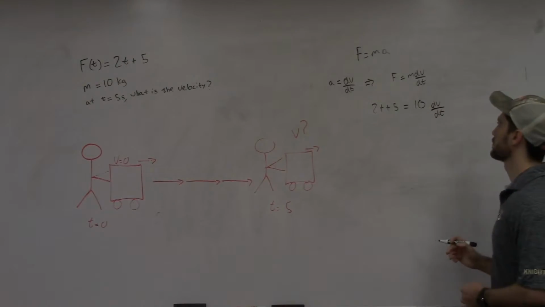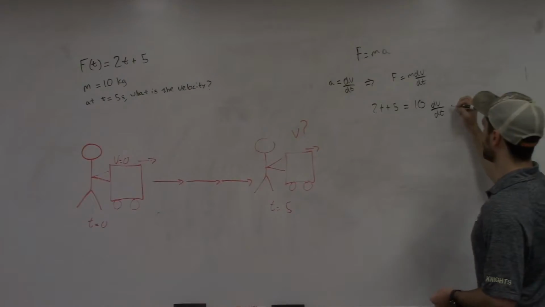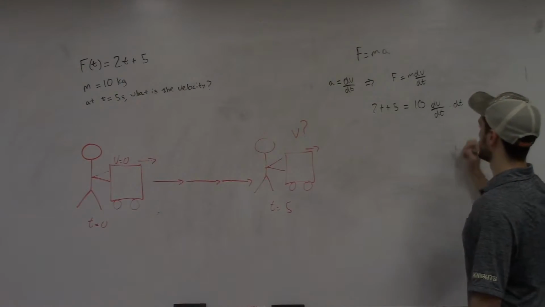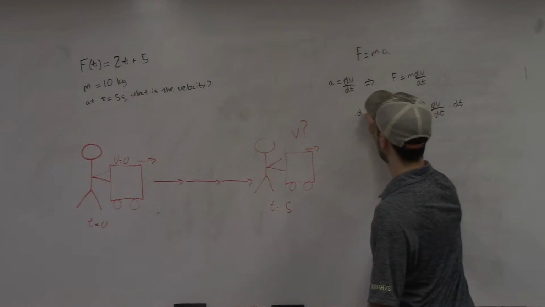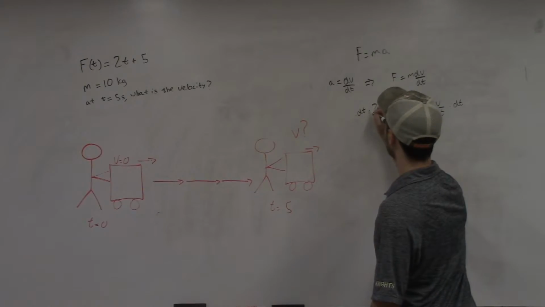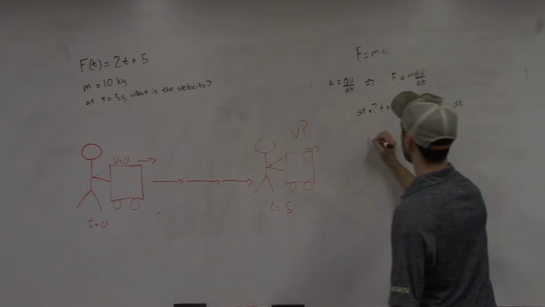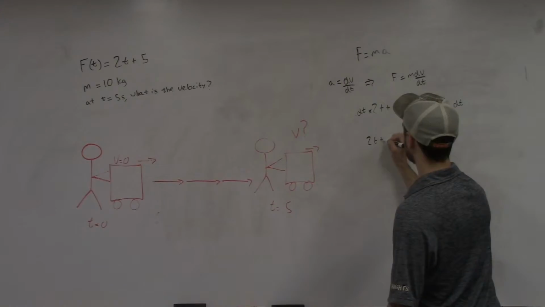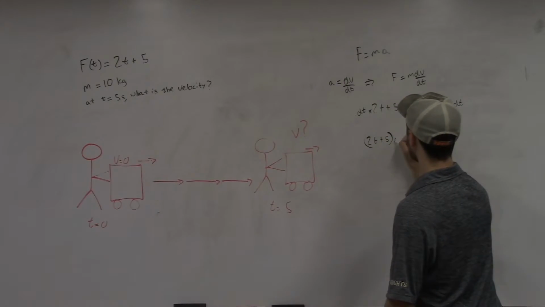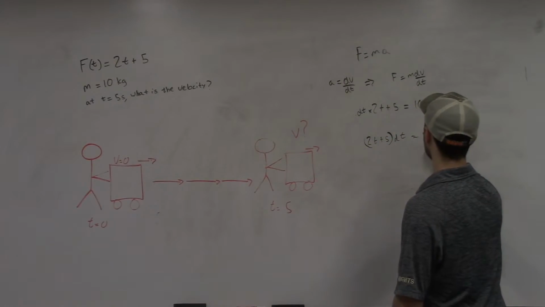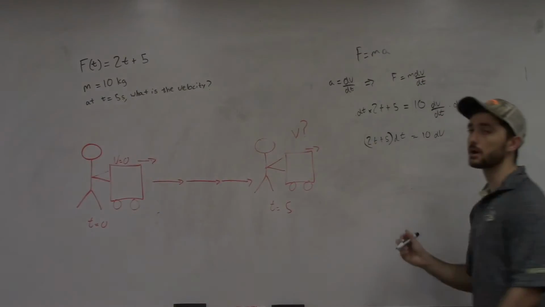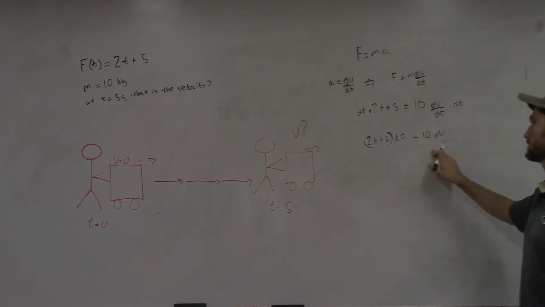Alright, so the first thing I'll do is multiply by dt. Okay, so if I rewrite this down here, this is (2t + 5) dt = 10 dv.